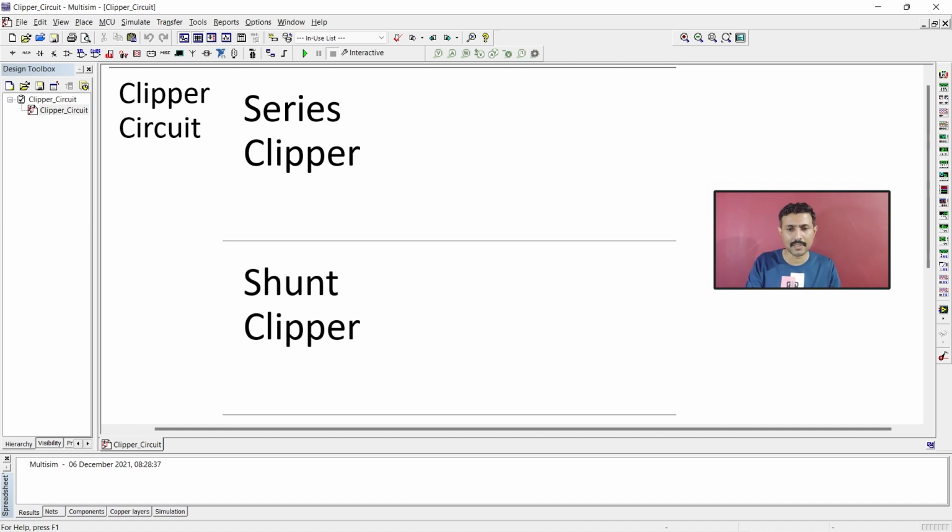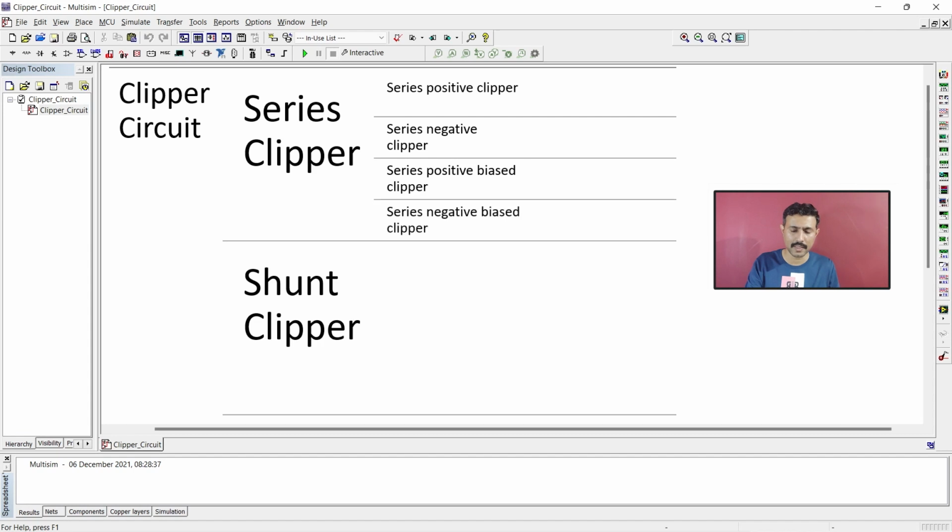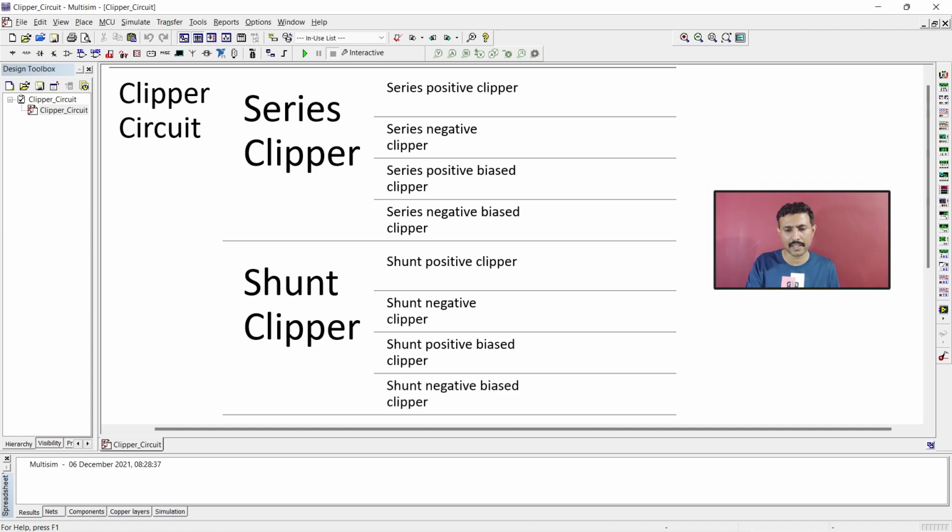The series clipper is further divided into series positive clipper, series negative clipper, then series positive bias clipper and series negative bias clipper. The shunt clipper is subdivided as shunt positive clipper, shunt negative clipper, shunt positive biased clipper and shunt negative biased clipper.